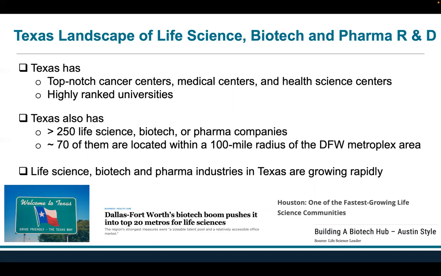About 70 of them are located within a 100-mile radius of the DFW metropolitan area in which our university is located. Here are some of the headlines that illustrate the fact that the life science, biotech, and the pharma industry in Texas are growing rapidly, especially in the past few years, and it's projected to be continually expanding in the foreseeable future.